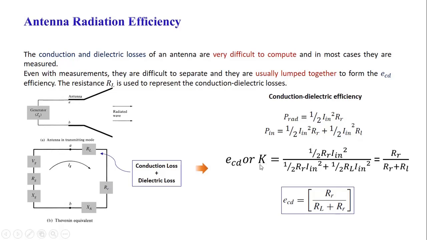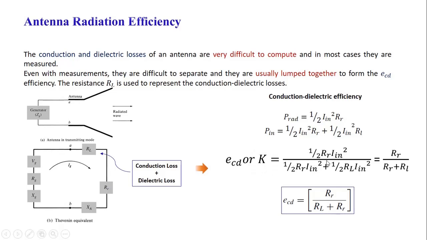Now calculating the radiation efficiency of the antenna, we always know efficiency is the output power divided by input power. So our output power is nothing but the radiated power. So the radiated power divided by input power will give us the radiation efficiency. Sometimes it is also denoted with the letter K. Remember this.